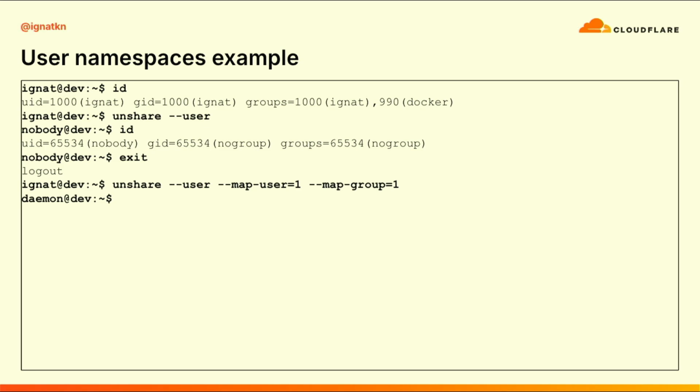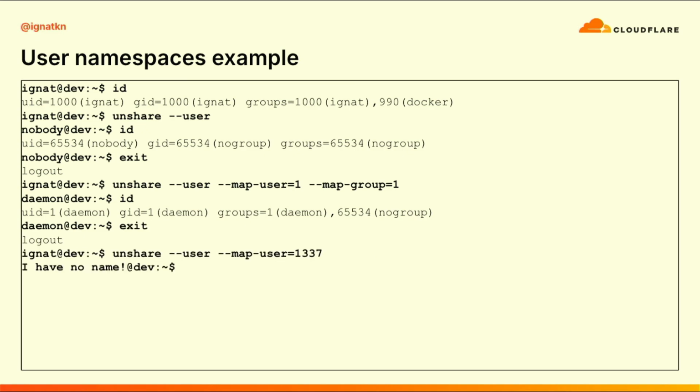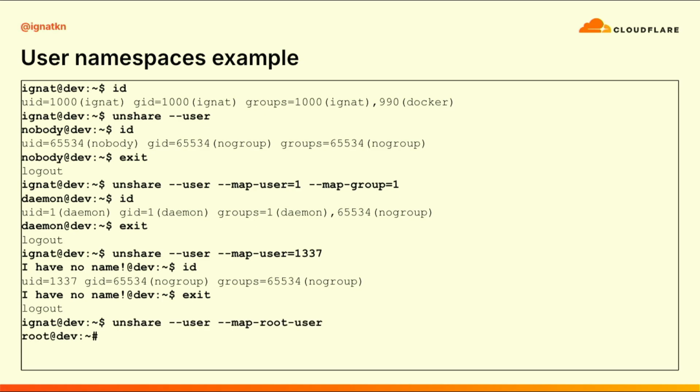So here I'm binding myself to user ID 1, so in this case, I'm becoming the daemon user in my user namespace. And I can map myself even to any user ID which doesn't exist on my target system. So 1337 still will work, but Debian will tell you that you have no name in configuration files. And the most powerful thing, I can map myself to root, right?